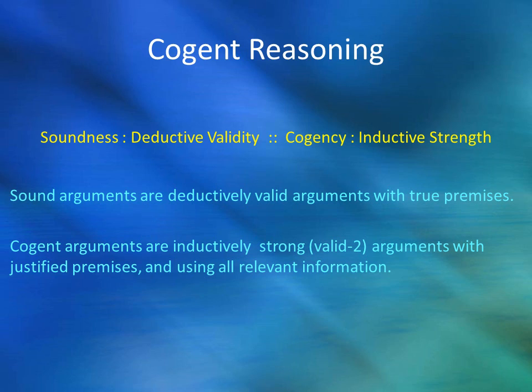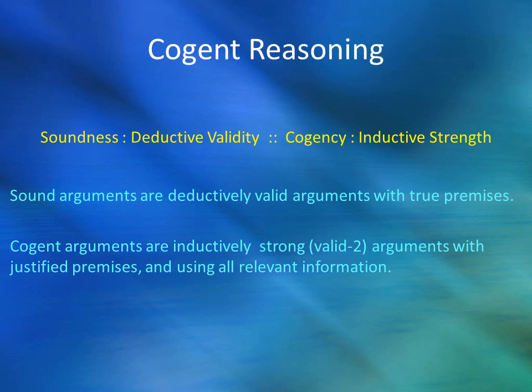Okay, so this is just an analogy. Soundness is to deductive validity, as cogency is to inductive strength. So soundness, if you recall, deals with deductive arguments, deductive validity, and cogency is dealing with inductive strength or inductive arguments. So sound arguments are deductively valid arguments with true premises.